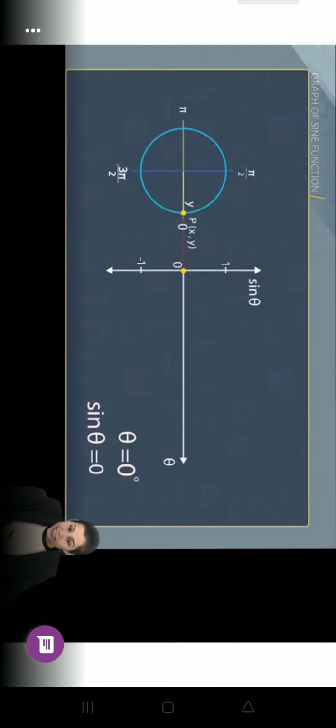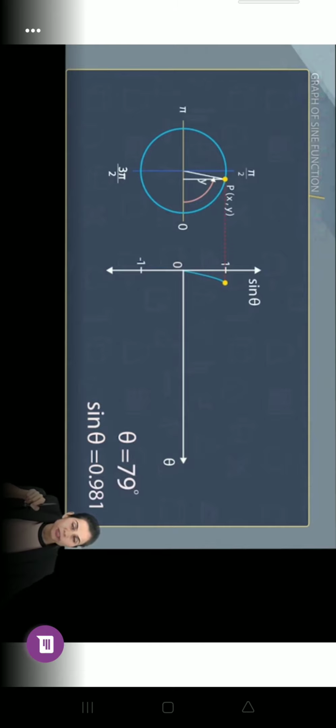Simultaneously, the y coordinate of point P is positive and starts increasing. Yes, that means when theta increases from 0 in the first quadrant, sine theta is positive and is increasing.